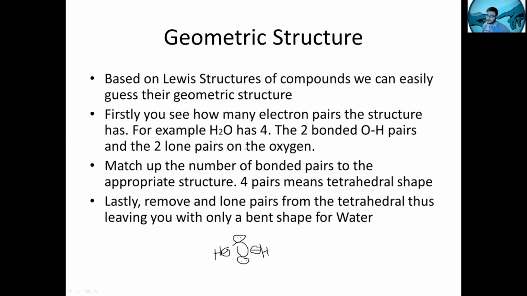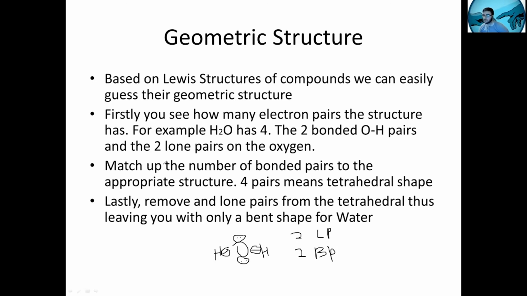Out of these, you have to see how many of these are lone pairs. Lone pairs are just these dots that are not bonded. So it has 2 lone pairs and then 2 bonded pairs. So I'll write BP and LP. Okay. I'll show you the table in the next slide, but usually you won't have a table, you'll actually have to memorize it, but for now, I'll show you the table and the diagram on the next slide.